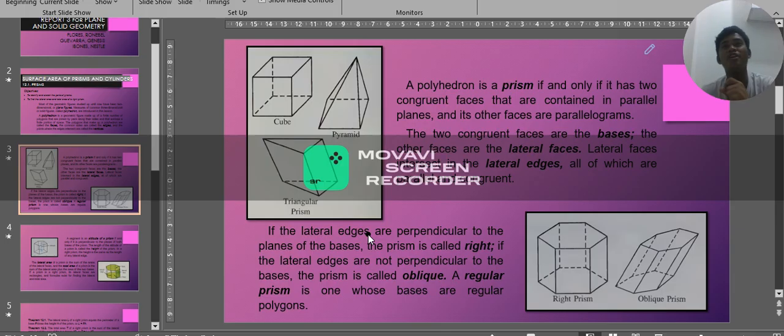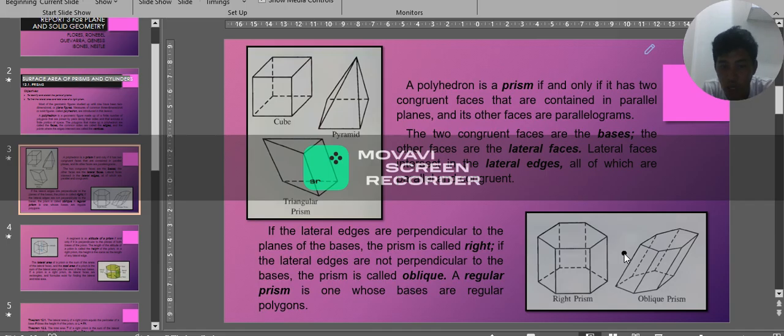There are two classifications of prisms. If the lateral edges are perpendicular to the planes of the bases, the prism is called right. If the lateral edges are not perpendicular to the bases, the prism is called oblique. See, the definitions are very distinct.